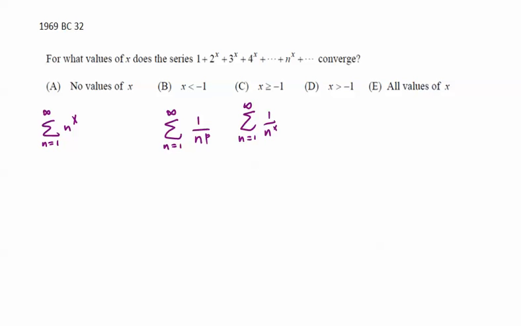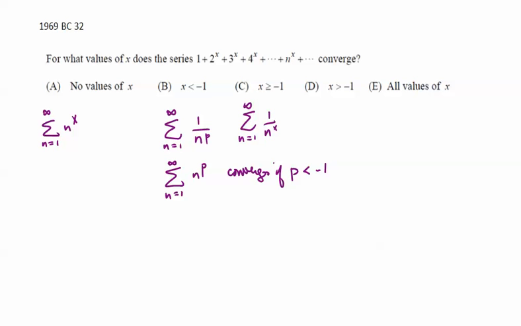For example, if we wrote the sum n equals 1 to infinity of n to the p power, you might say that doesn't converge. But it could converge if p is less than negative 1, because in that case you'd have 1 over n to the p, and p would be greater than 1 in that case. I hope that makes sense.